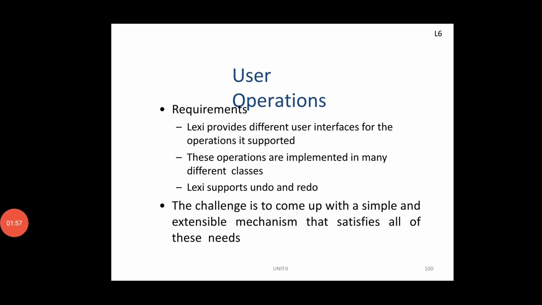The functionality of user operations includes, first of all, creating a new document, opening, saving and printing an already existing document, cutting selected text out of the document and pasting it back in, and changing the font and style of selected text in the text editing area.